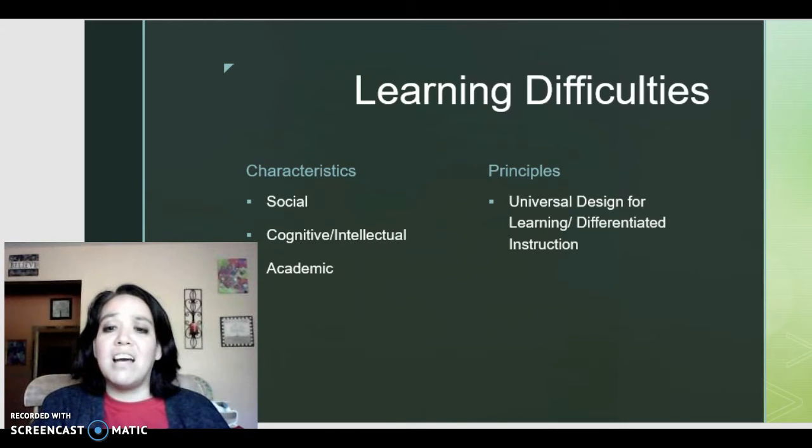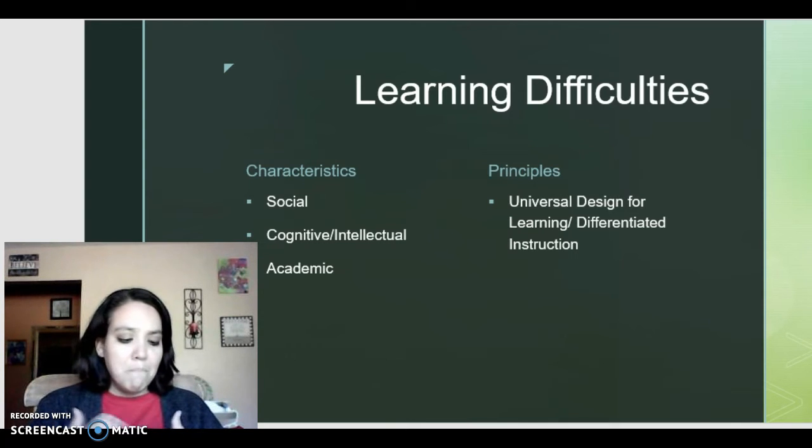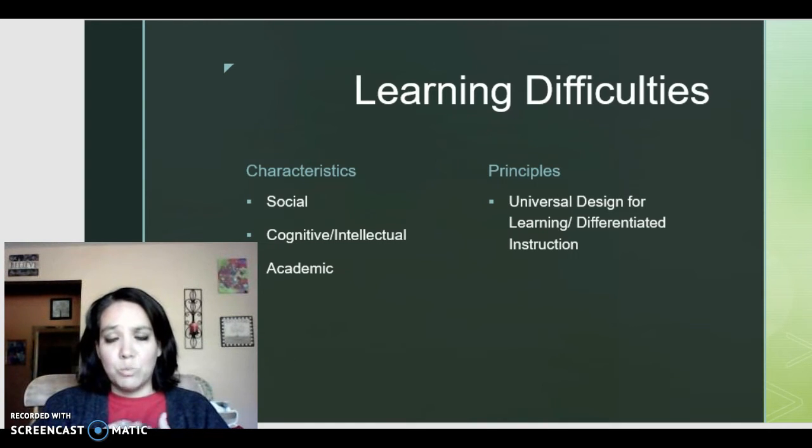The universal design for learning or differentiated instruction for this exceptionality is that using effective instructional ideas such as differentiated instruction is vitally important. There are many ways to accommodate students with learning difficulties.